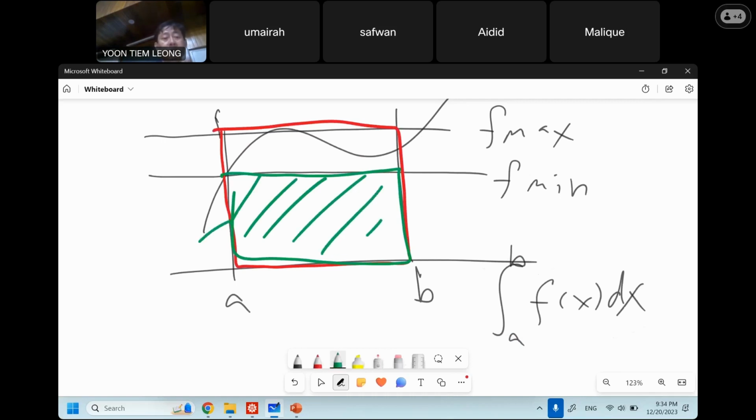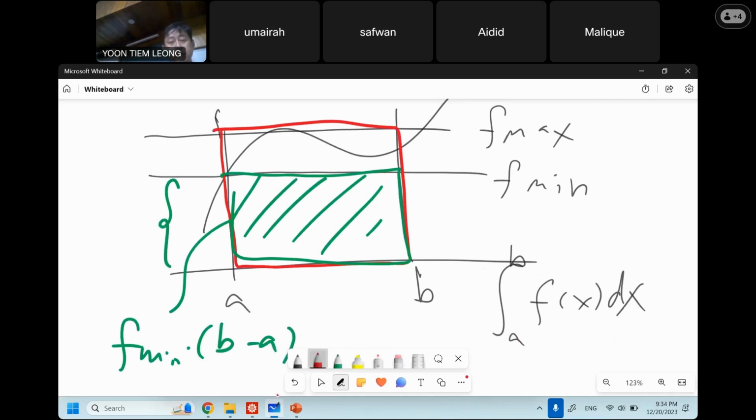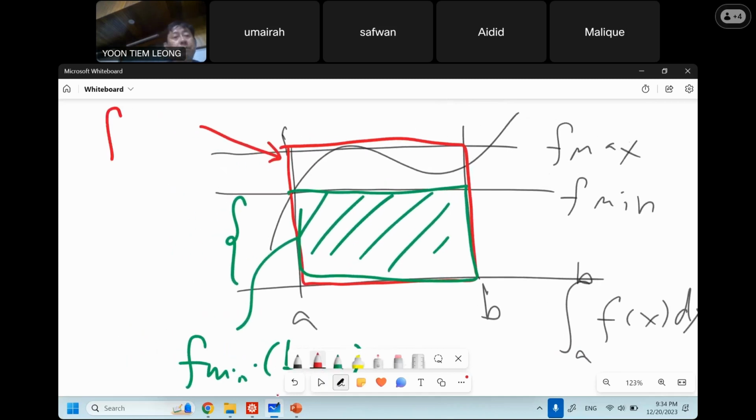This smaller box in green is the product of f of minimum, the height, multiplied with the width of the box, whereas the larger box in red has an area that is the product of f of max times the width of the box.